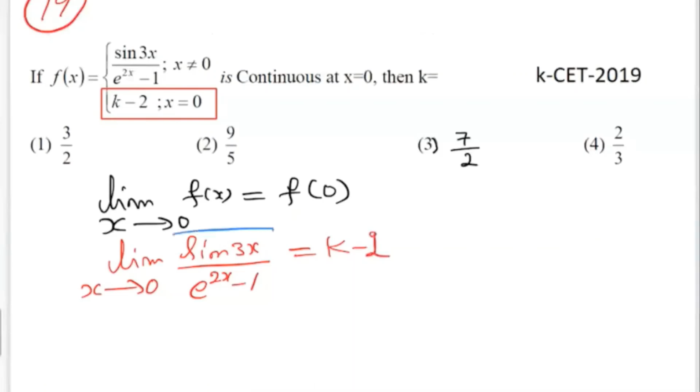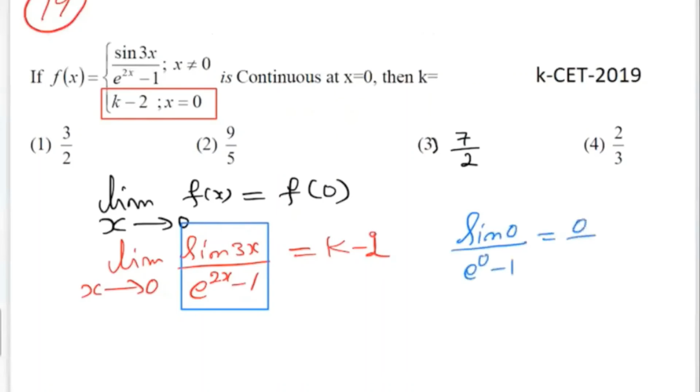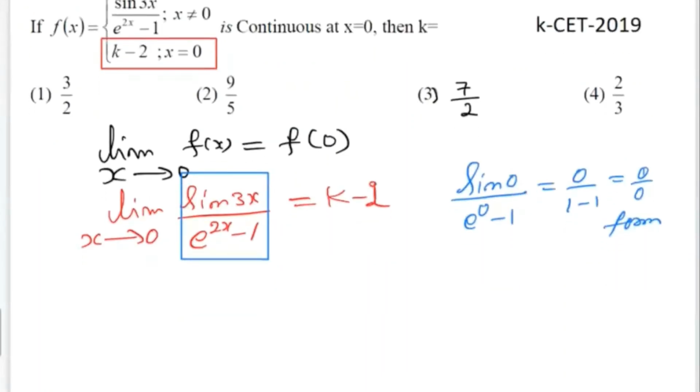Now if you put x equal to 0 in this function, let us see what we get. Sine of 3 times 0, e power 0 minus 1. Sine 0 is 0. E power 0 is 1, minus 1. That is again 0 by 0 form. So we can use L'Hopital's rule.